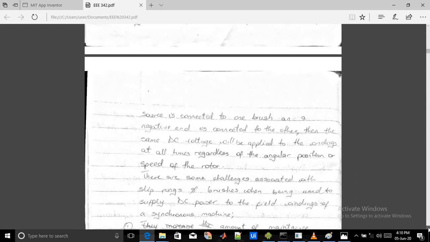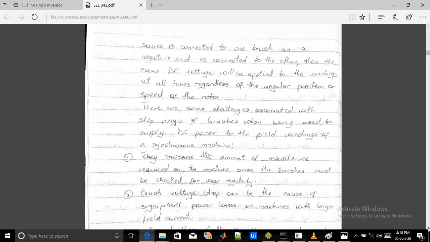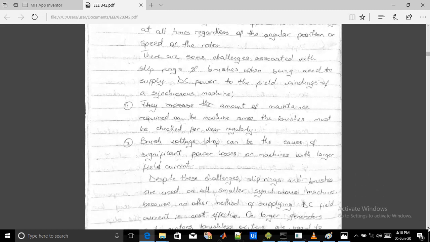So I've already explained all this. Okay, so now the reason why this method is not used in some cases is the amount of maintenance required on the machine, since the brushes must be checked very regularly. That is, the maintenance required is much, because your graphite is very, very soft.